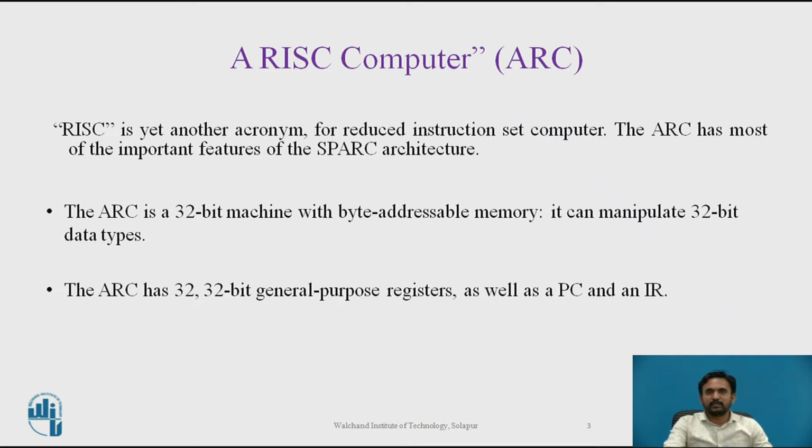SPARC has become a popular architecture since its introduction, which is partly due to its open nature. The full definition of the SPARC architecture was made readily available to the public in 1992. The ARC has 32-bit general purpose registers as well as a PC and an IR.